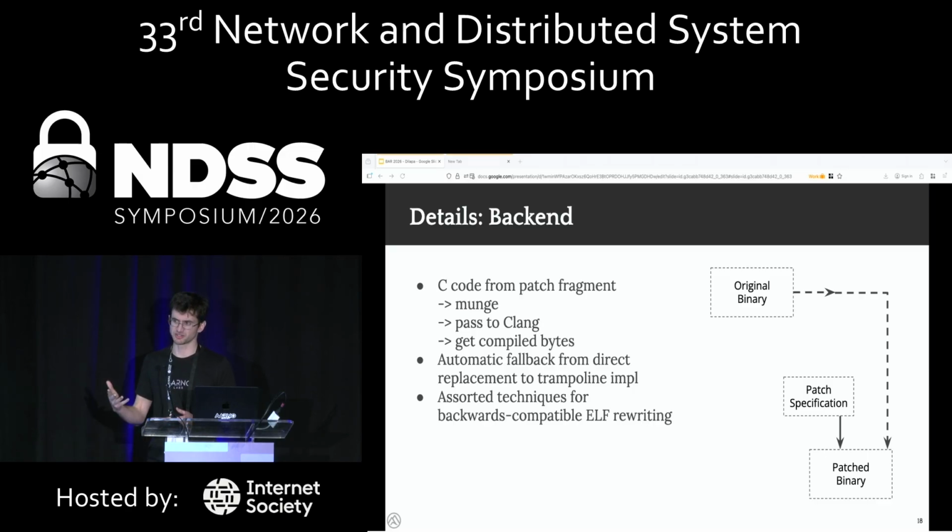So we try to generate direct overwrites when possible, in order to take existing instructions and replace them directly. If that doesn't work, for example, because the user changed a small expression into a big one or they inserted a statement, we also have automatic fallback to trampolines, which allow us to handle more complicated code sequences than you could get otherwise.